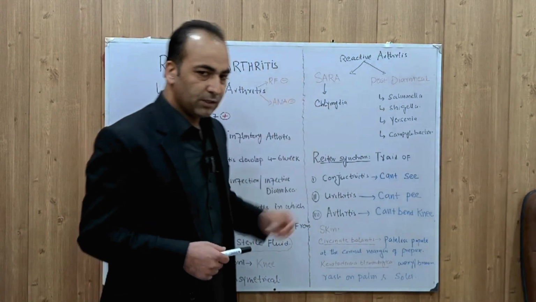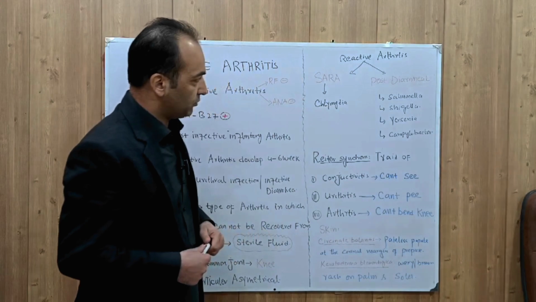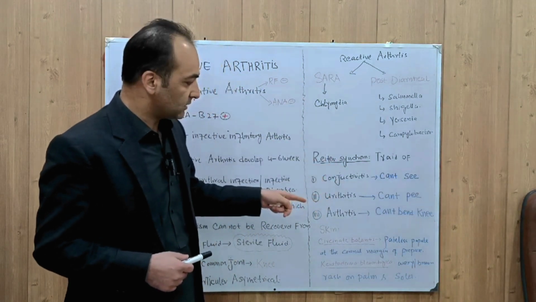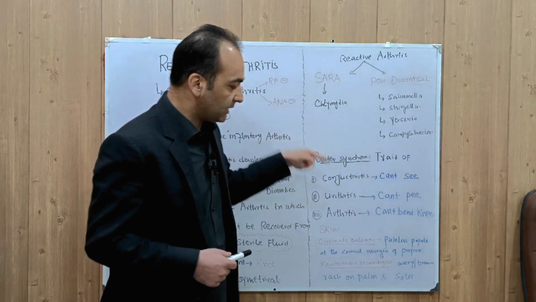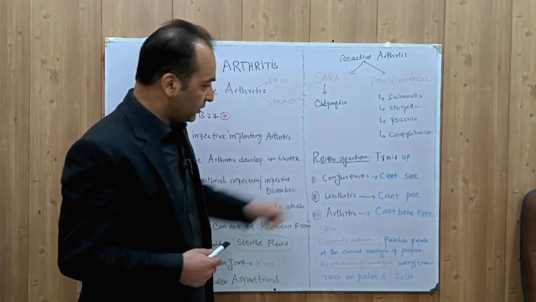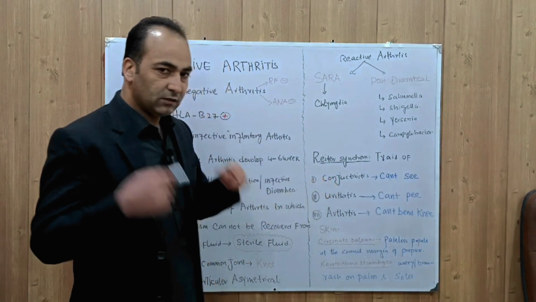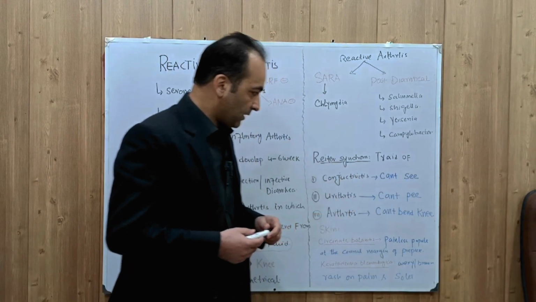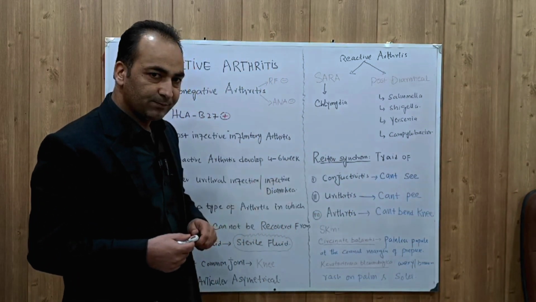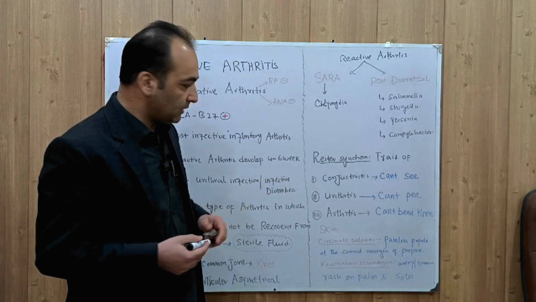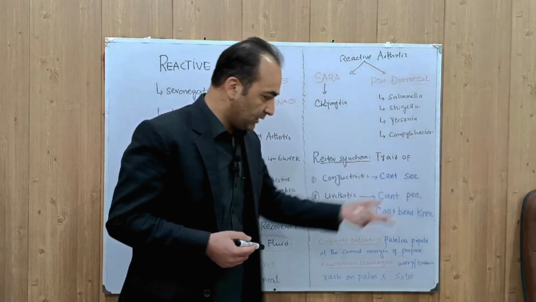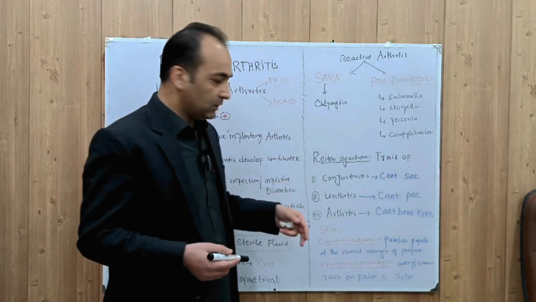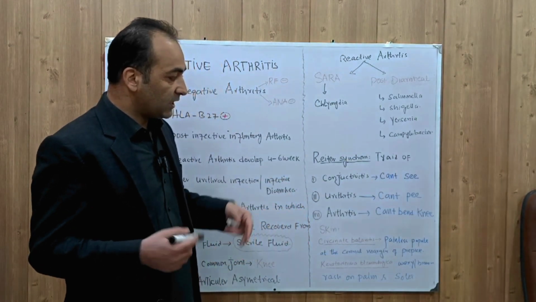Reactive arthritis was previously called Reiter syndrome. And Reiter syndrome is a triad of conjunctivitis, urethritis, and arthritis. Due to conjunctivitis, meaning pain in the eye, the patient can't see; due to urethritis, meaning dysuria, the patient can't pee; and due to arthritis of the knee, the patient can't bend the knee.